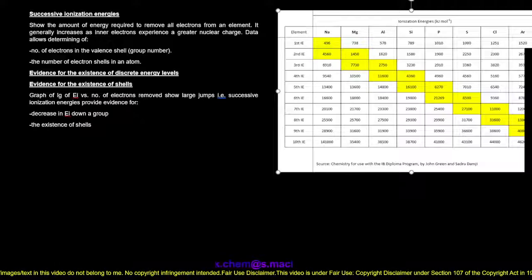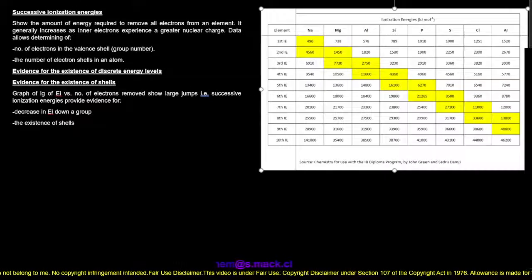If we look at the data given to us, for example for sodium, on looking at the first 10 successive ionization energies, the general trend is an increase, meaning that as electrons are successively removed from the same element, we are going from the outermost shell to inner shells.